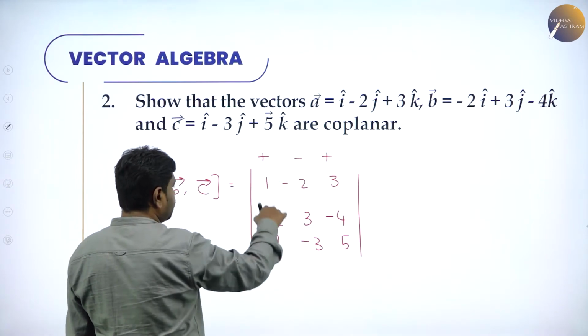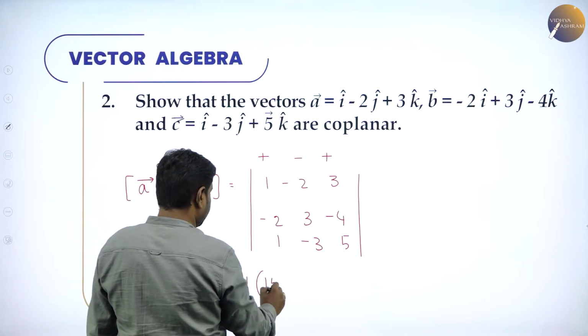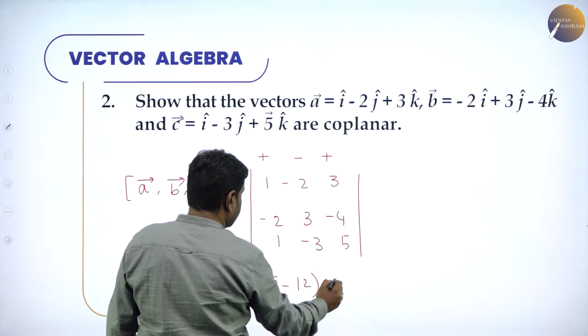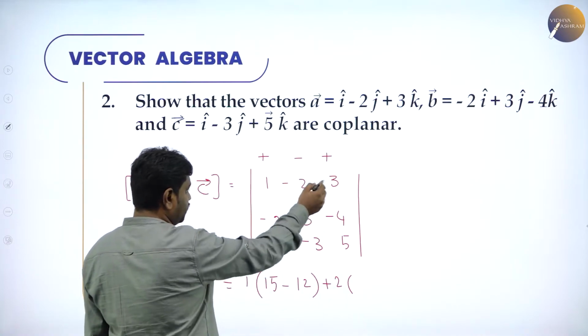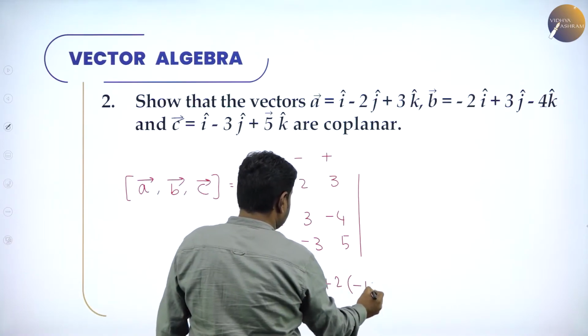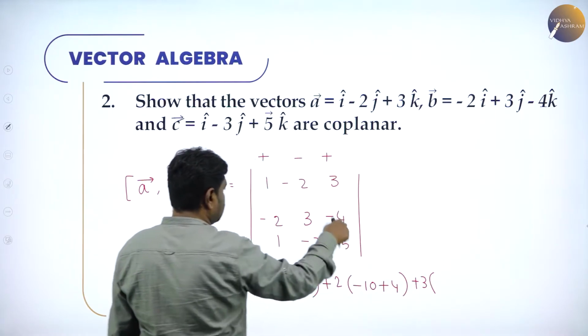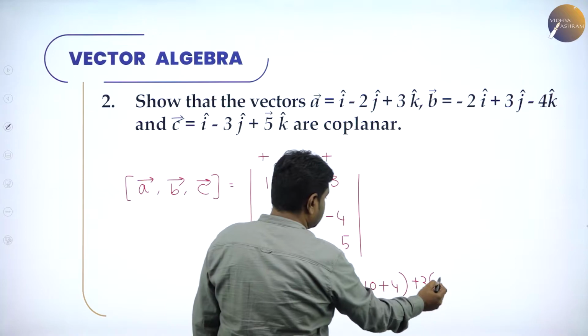1 into, delete the column, delete the row, 3 5s are 15, minus, minus into minus, 3 4s are 12. Minus of minus 2 becomes plus 2 into, delete the column, delete the row, that is minus 10, plus 4. Then plus 3 into, delete the column and row, that is 6 minus 3.